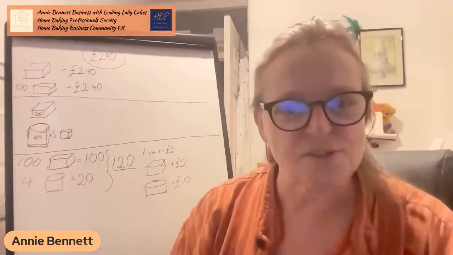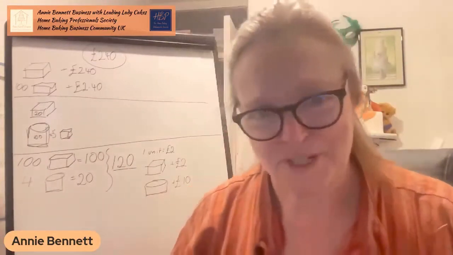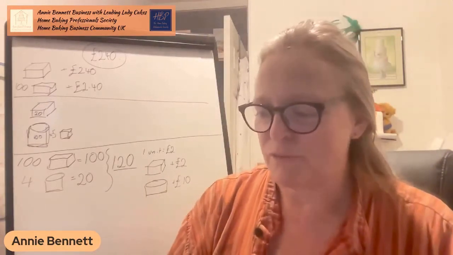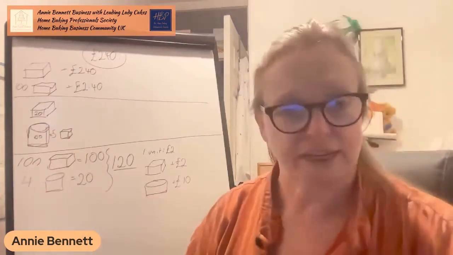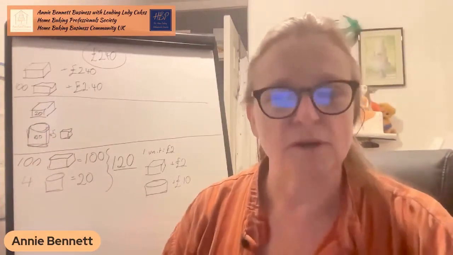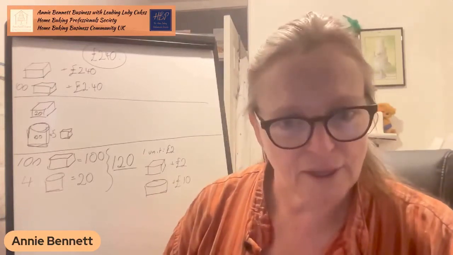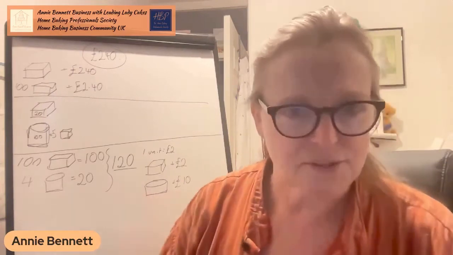Well, this is where sales targets come in, okay, which is a whole other session. But it's a question of, right, I've got to sell 100 treat boxes and 4 birthday cakes in a month. So what am I going to do to make sure I do that? Where am I going to advertise? Again, it comes back down to ideal clients, isn't it?